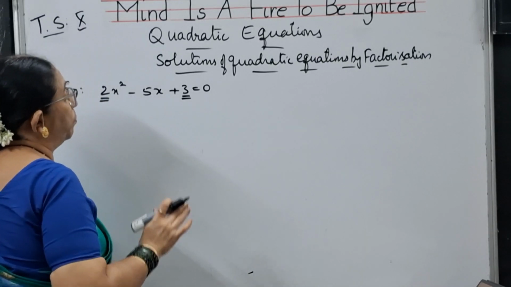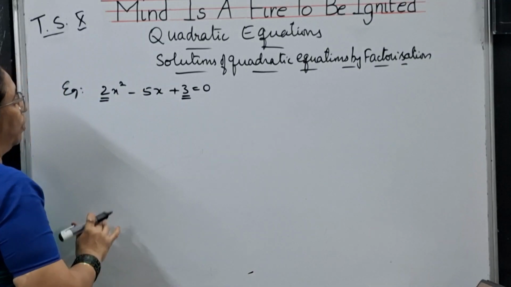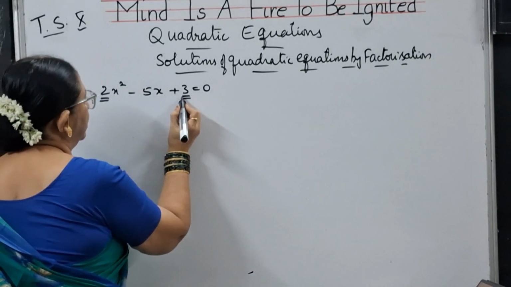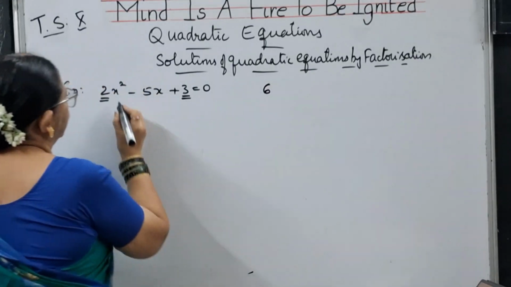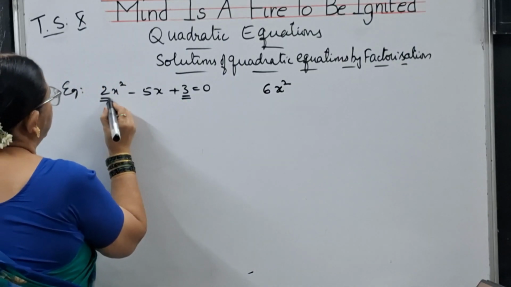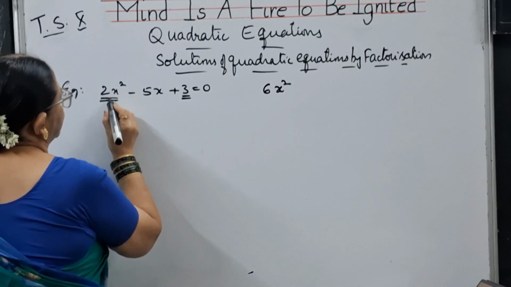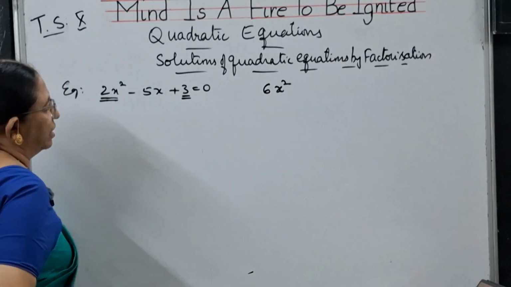So there is no problem for us because plus into plus is plus only. Now when you multiply 3 into 2, how much are you getting? 6. 6 and x square. Actually you are supposed to multiply this whole thing, this one and this one. If you multiply 6x square along with the signs.